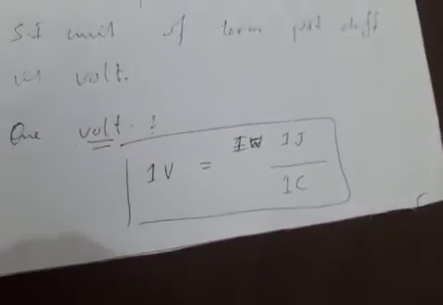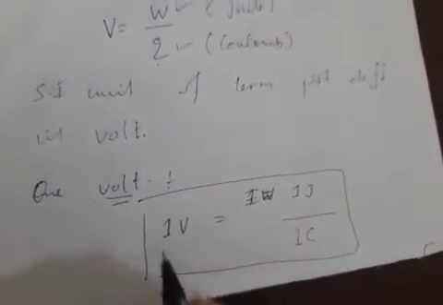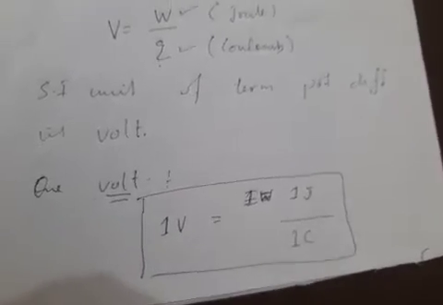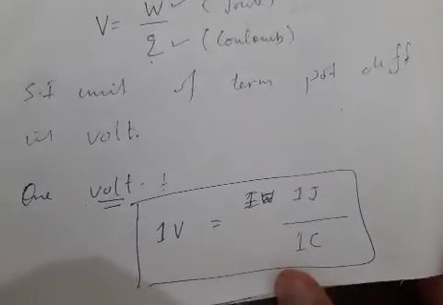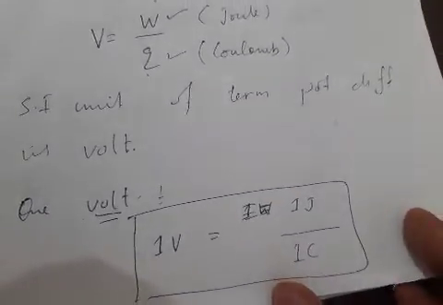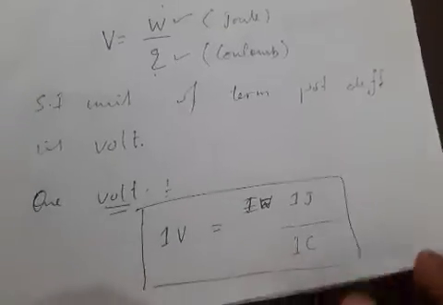So this is the 1 volt potential. You can also read it from your textbook that 1 volt is defined as the amount of work done to move a 1 coulomb point charge from one point to other point. That is about potential and potential difference.